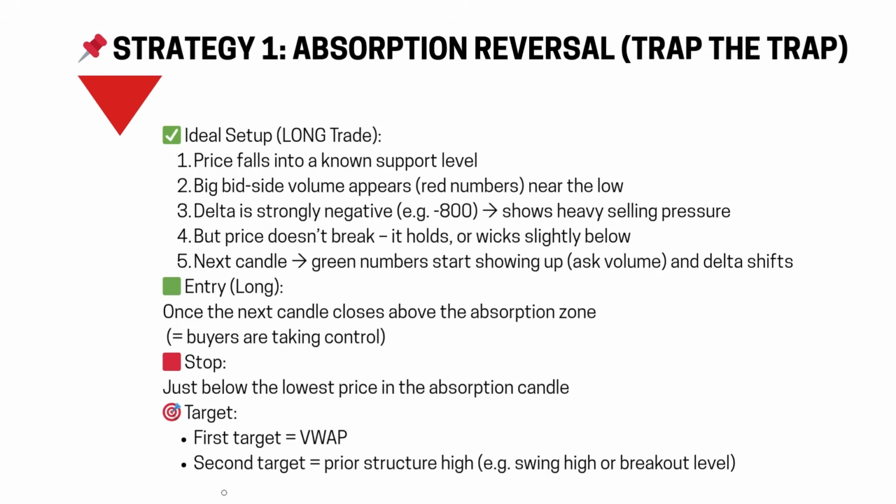So the entry for the long: once the next candle closes above the absorption zone, it's the buyers taking control. The stop just below the lowest price in the absorption candle, and the first target is the VWAP. You can see we've added on the VWAP to our chart there as our target. Second target could be prior structure high, swing high or breakout level.